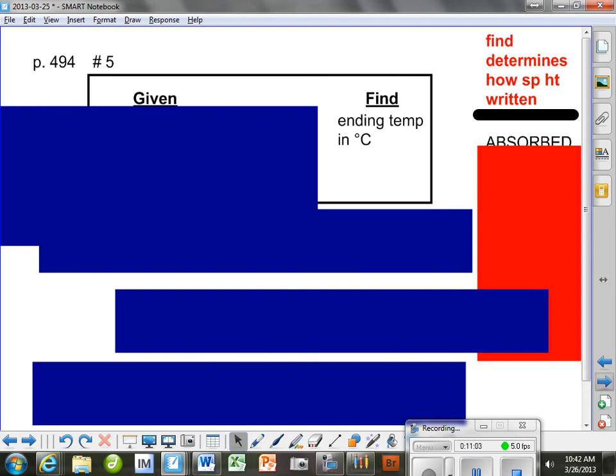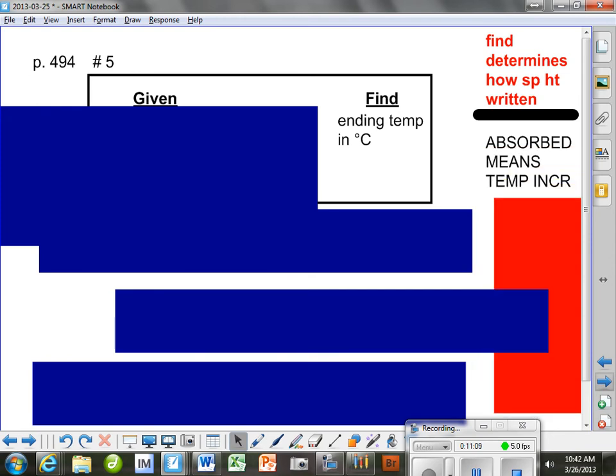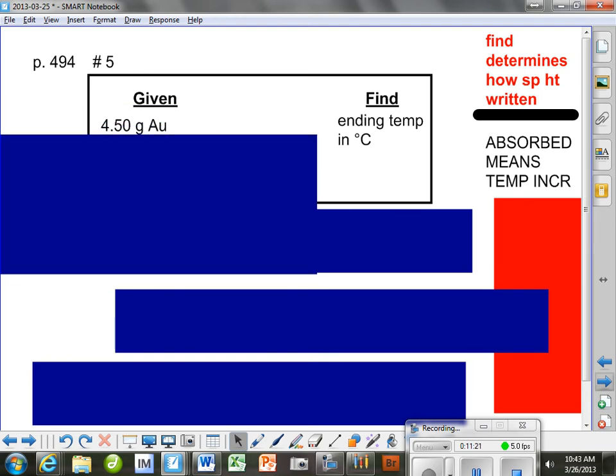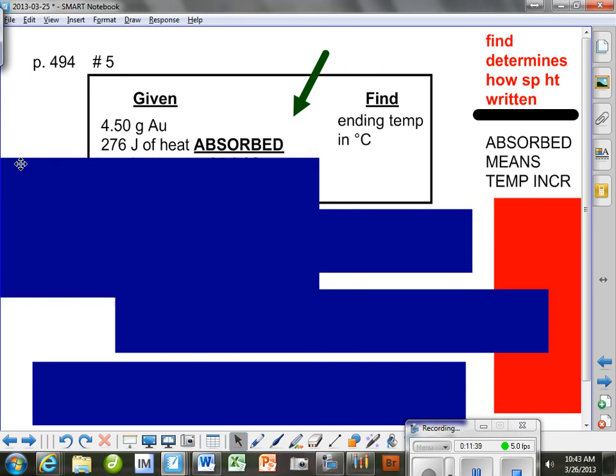Okay, Edit, you're going to tell us what the given is. .60 what? Okay, grams of what? It's gold in them there hills, yes. Okay, good. What else do we know? Yes, we have 276 joules of heat. And is that absorbed or given off?